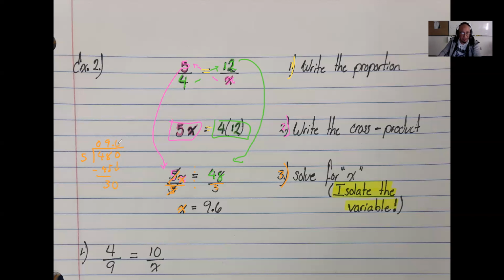Again, I highly recommend that you go onto Schoology, go to resources, and find the videos that talk about dividing with decimals. Just look at all the division ones, all right? Anyways, 48 divided by 5 will give me 9.6, ladies and gentlemen. The equivalent fraction to 5/4 with a numerator of 12 would be 12 over 9.6. X has to equal 9.6. Awesome.